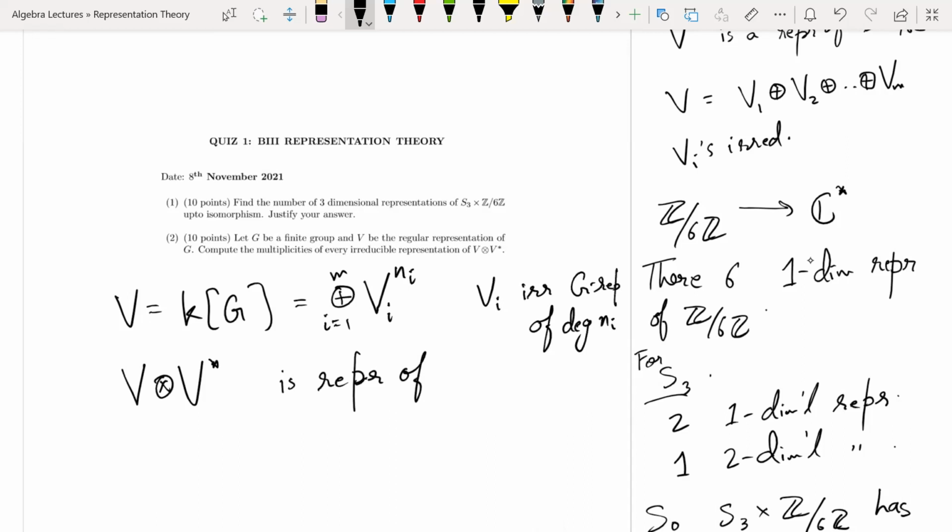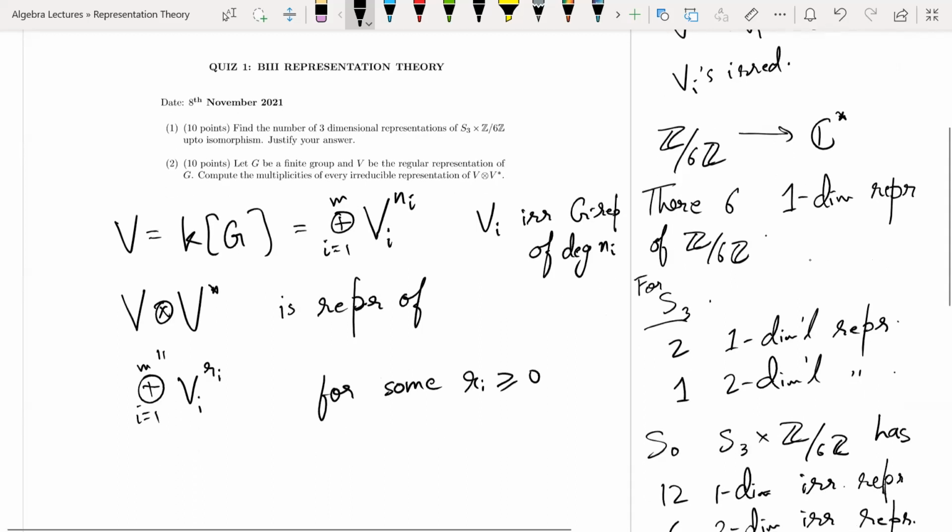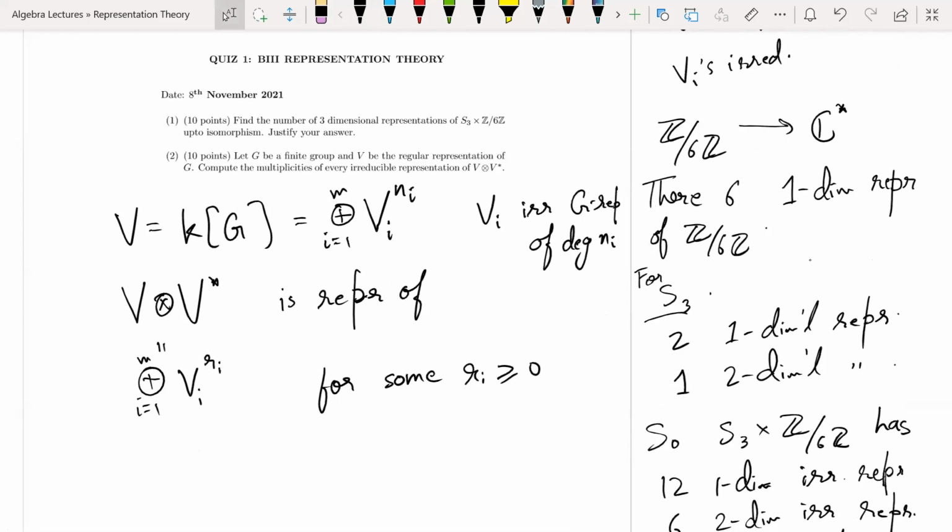So we know that V looks like this. Now V tensor V dual: the objective here is to write this as the sum, i equals 1 to m, of Vi to the power Ri. We know it is going to be of this form for some Ri greater than or equal to 0. So the objective is to compute Ri.